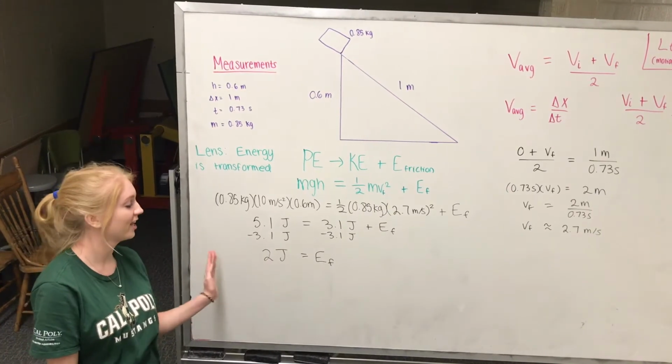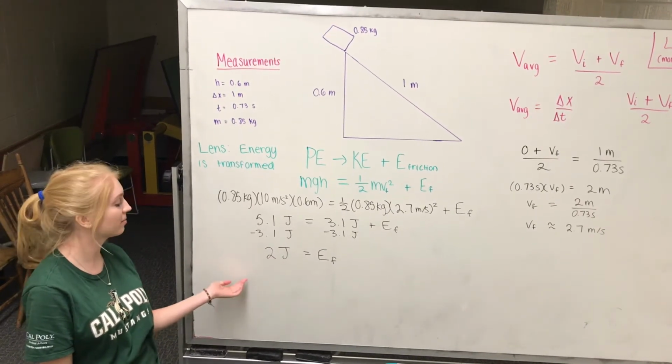After calculations, we find that the energy lost due to friction is about 2 joules.